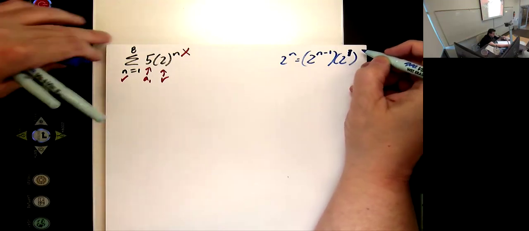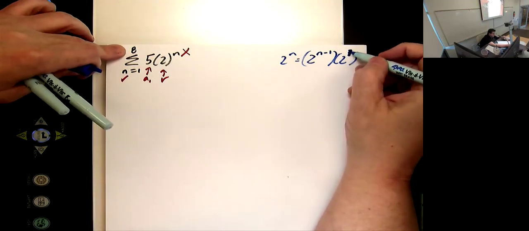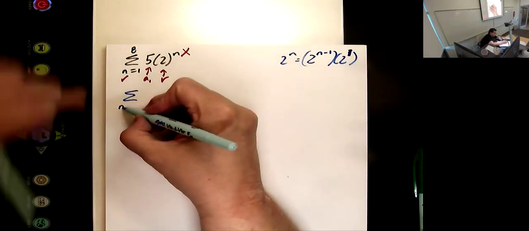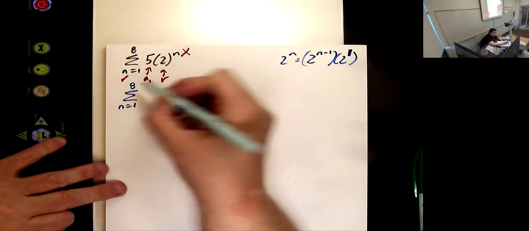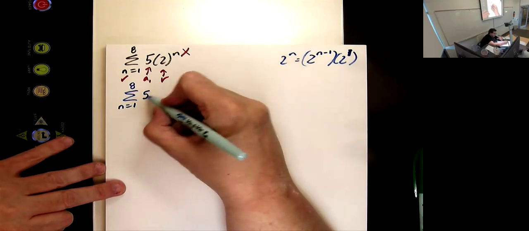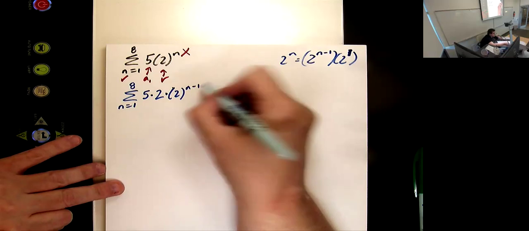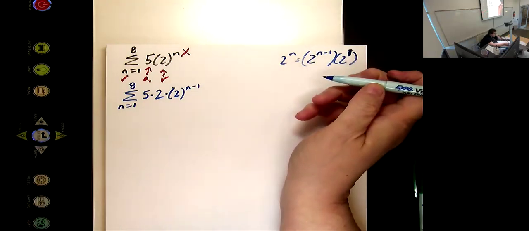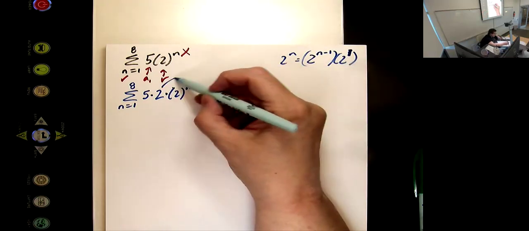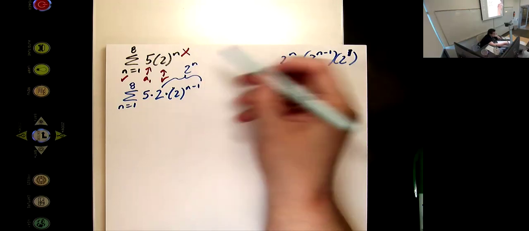I have to peel off a 1. I can write this as the sum from n equals 1 to 8 of 5 times 2 times 2 to the n minus 1. You see that? These two put back together make 2 to the n.